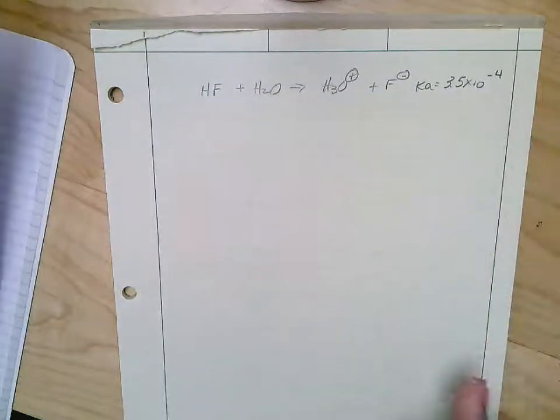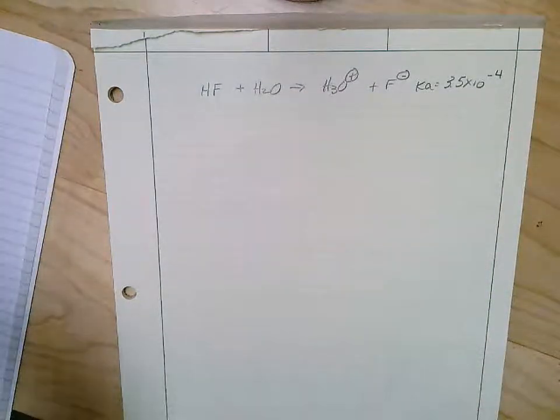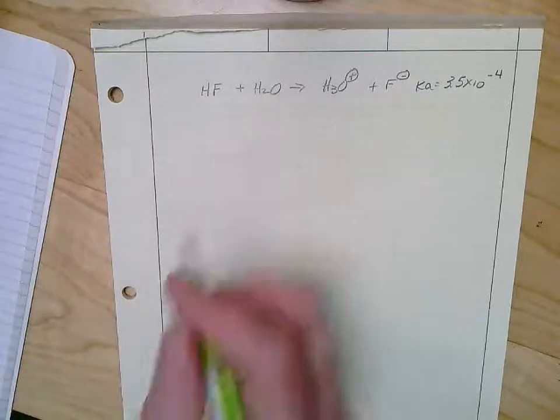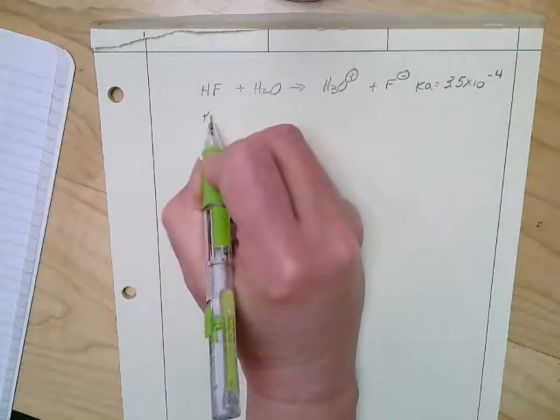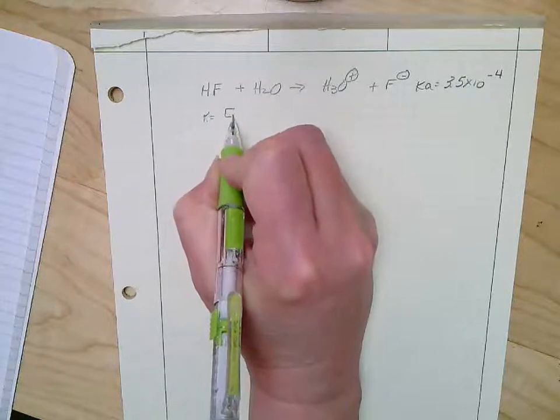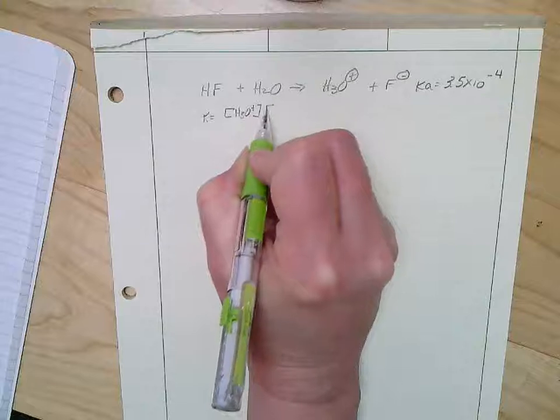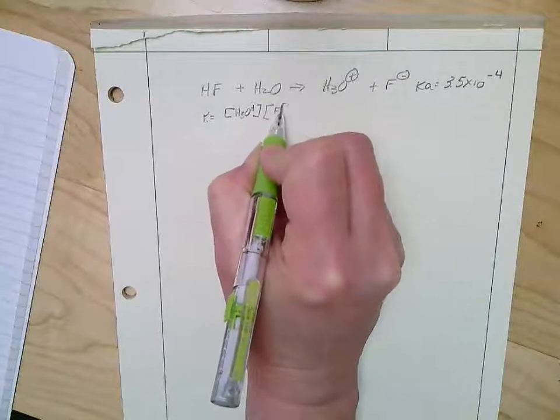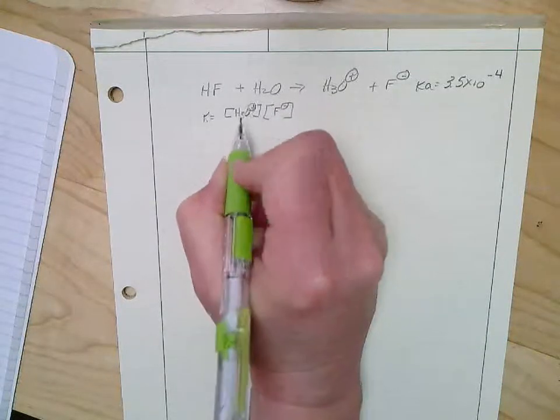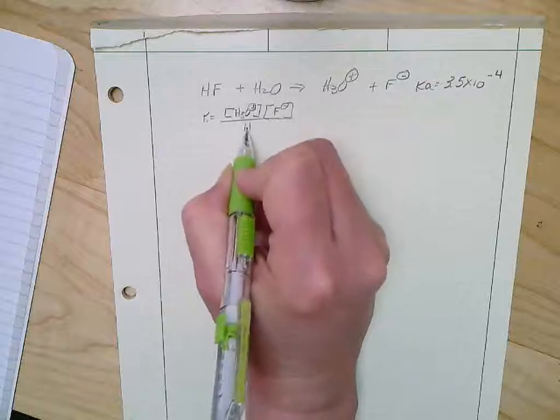So this is a pretty weak acid. So what does the Ka statement look like? Ka would equal the concentration of H3O plus times the concentration of F minus divided by the concentration of HF.